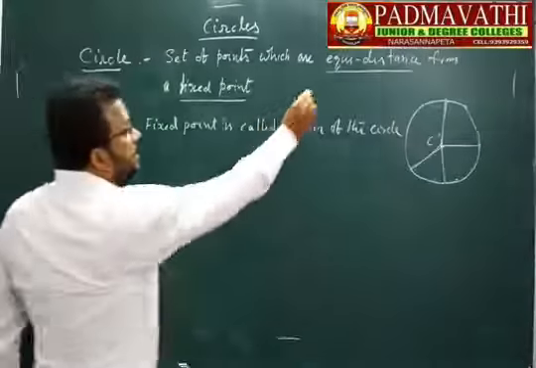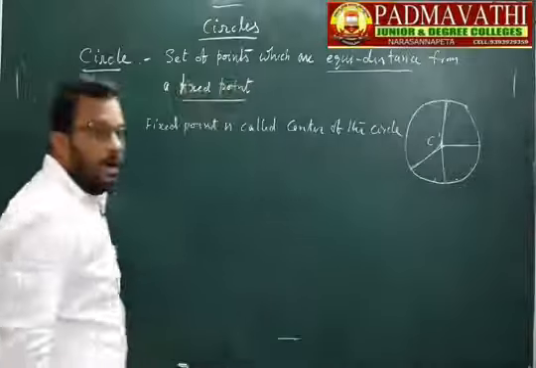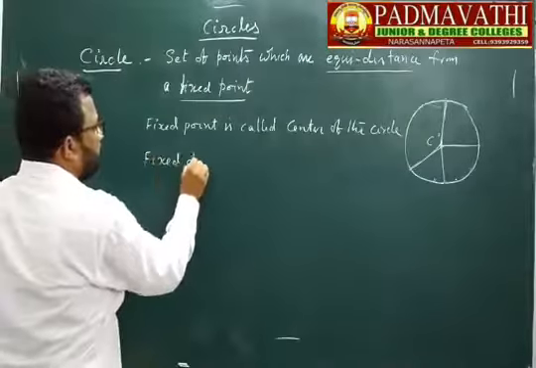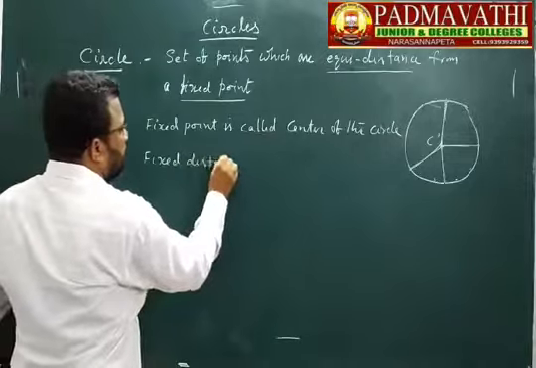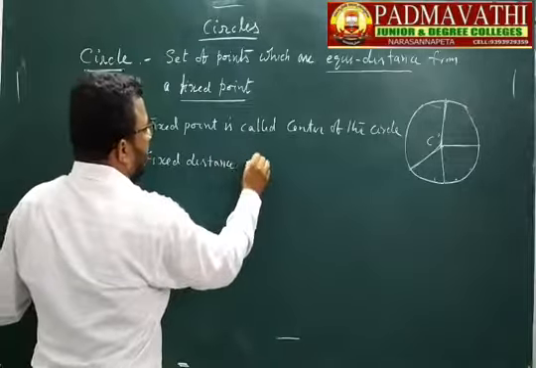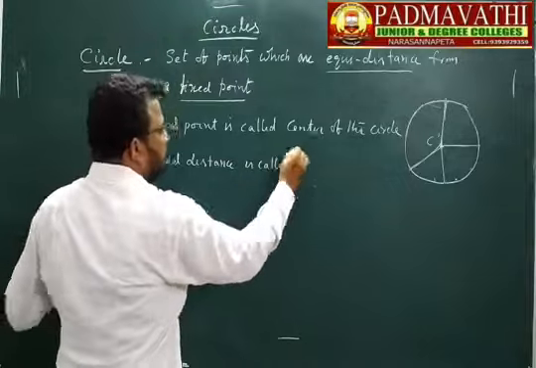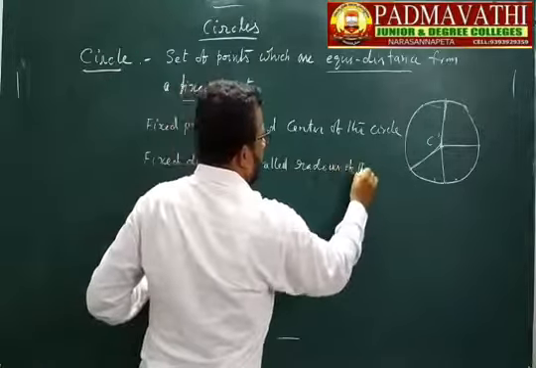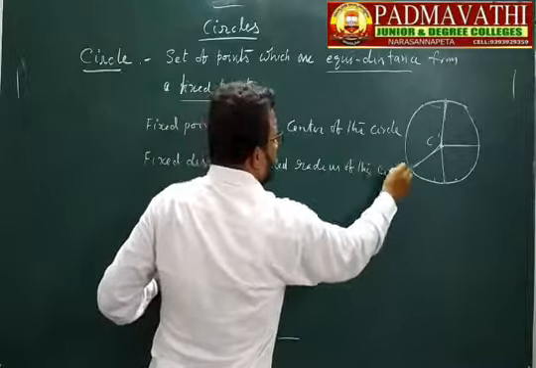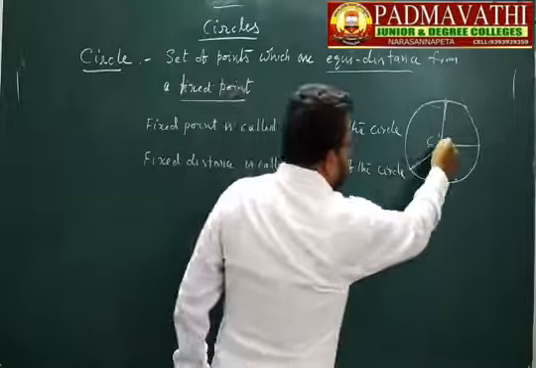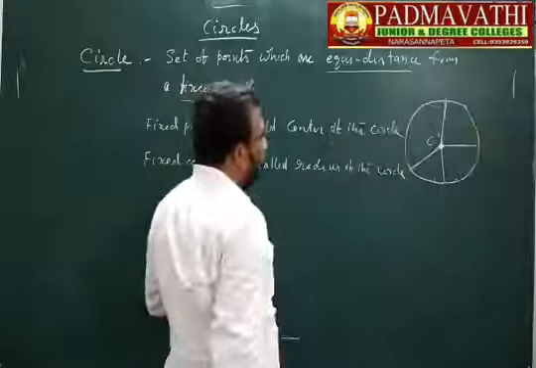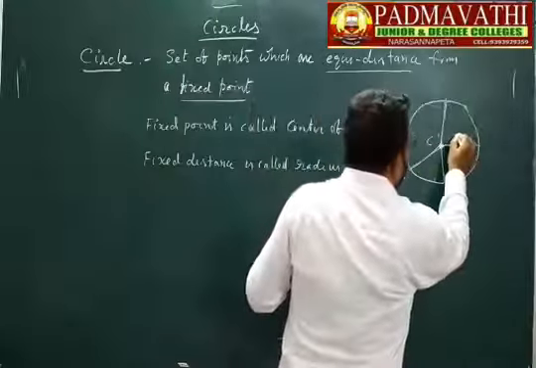And the fixed distance or equidistance is called the radius of the circle. This is the fixed point, this is the fixed distance, and this fixed distance is denoted by small r.